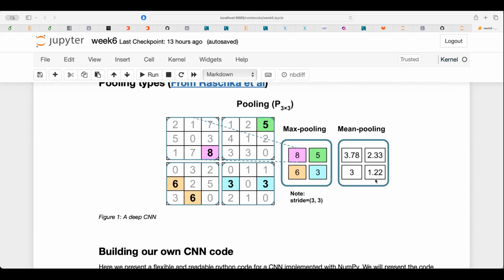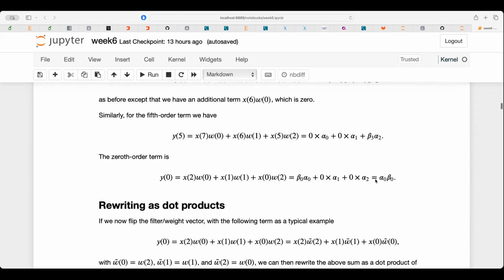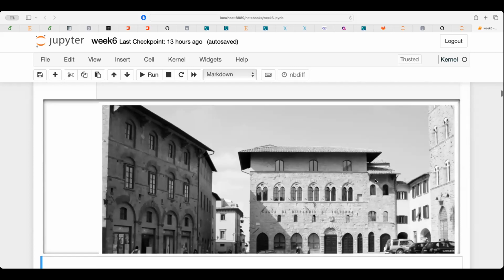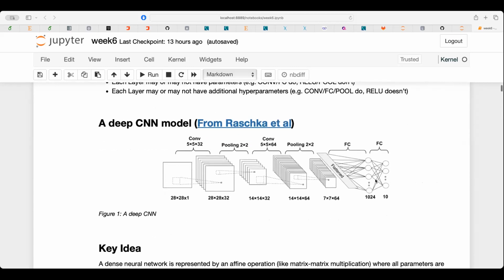So if we then go back to the image which we had in the beginning of the lecture today, which is also an image which I took from this textbook by Raschka. What we have now is a series of convolutions, and here they have skipped the ReLU stage. You have the pooling part, which reduces the image further.